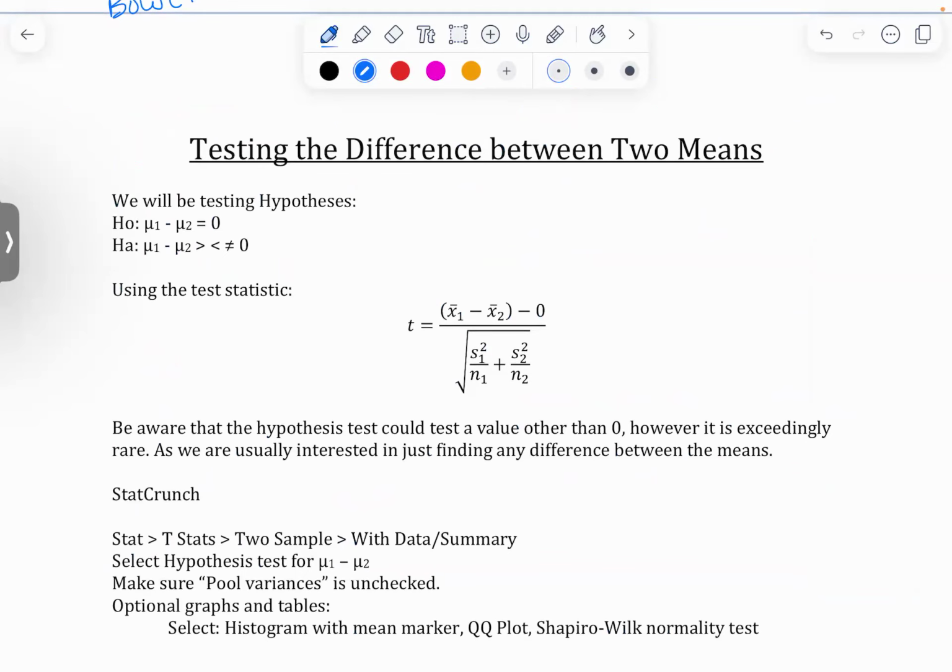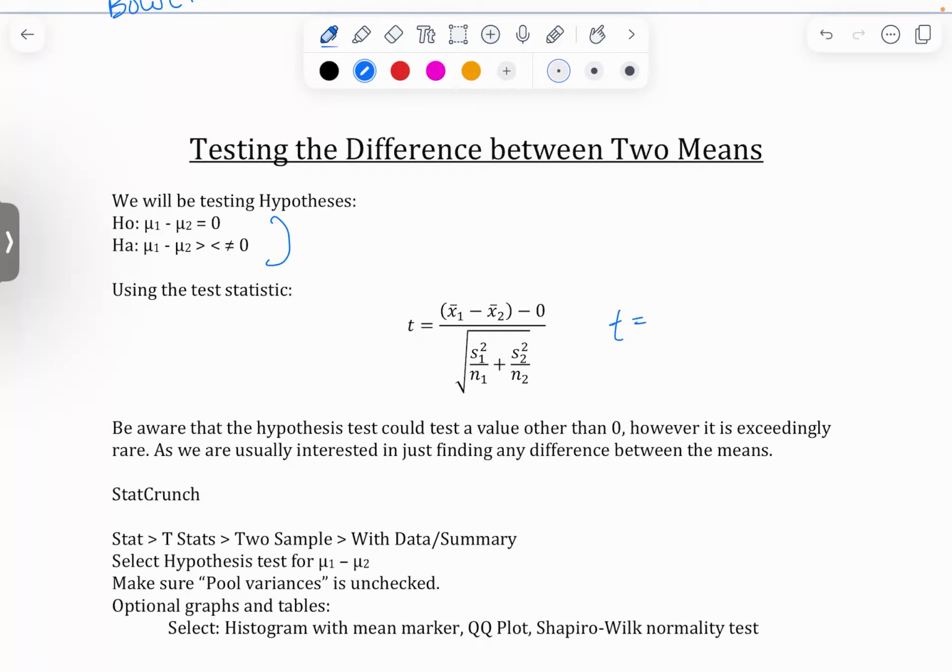Similarly, we can do this, all right, with hypothesis testing. Notice these hypothesis tests look very, very similar to what we saw with proportions, which means when we initially set those up, okay, we need to set those up in context and then convert to what matches the StatCrunch output. And we're going to see that here.